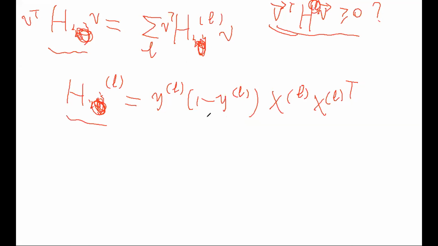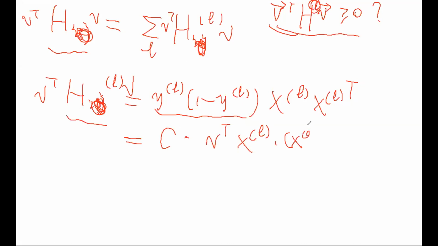So if you have v transpose, keep in mind these are constants. Then we have v transpose times x_l, and x_l transpose times v.